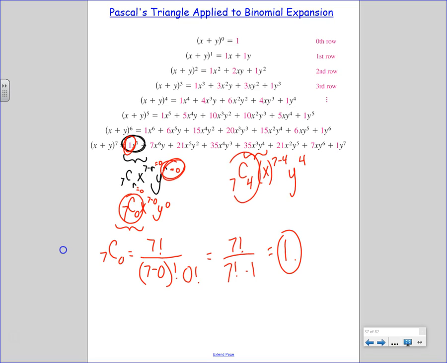To check 7C4, tell me your formula again. nCr is equal to, good, n factorial, 7 factorial, all over n minus r factorial times r factorial, which would equal, hold on, 7 factorial all over 3 factorial, 4 factorial.